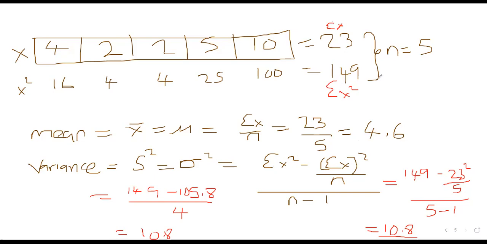Where there's small x, we put 23, but this is in brackets to the power 2. So 23 to the power 2 over 5 will give you 105.8. Then 5 minus 1 down there will give you 4. When you compute this minus that, you press equals because your calculator is in maths mode, then divide by 4. That's when it gives you 10.8. So this is called our variance.